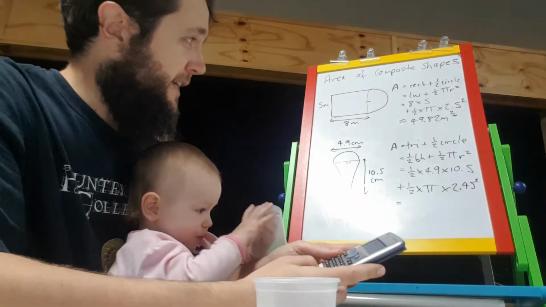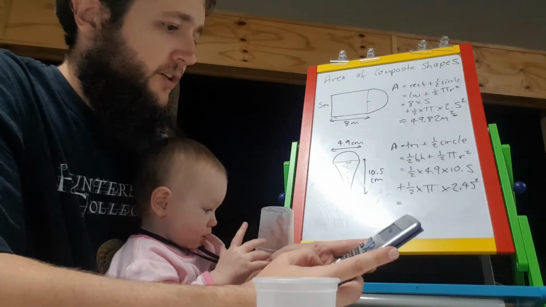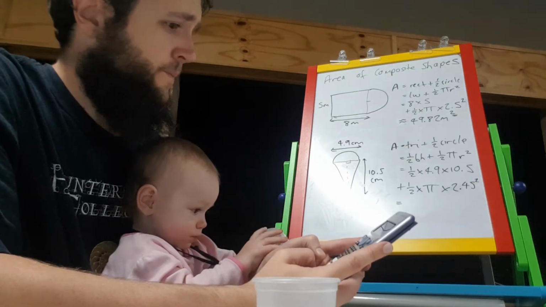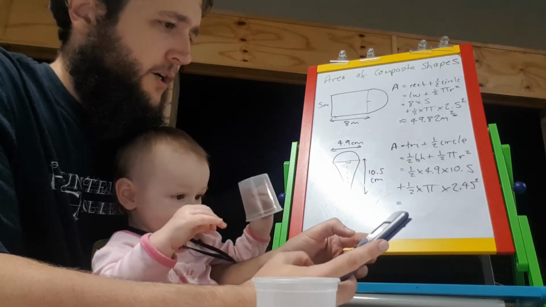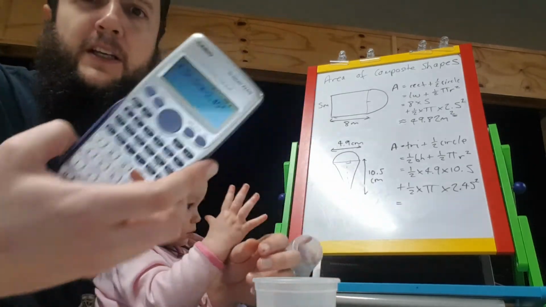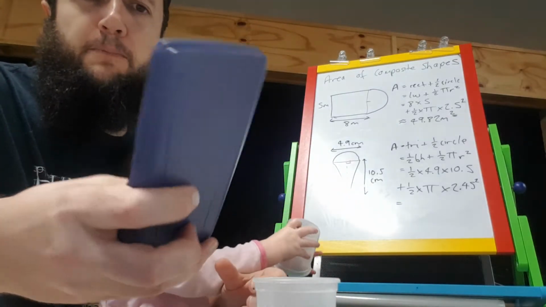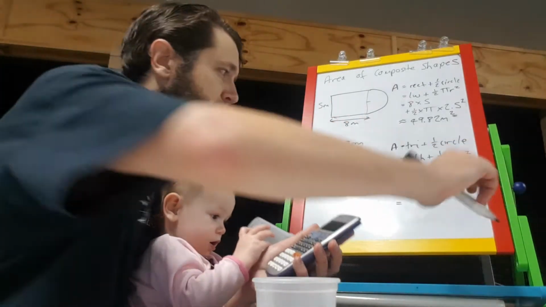We put that in our calculator: 0.5 times 4.9 times 10.5 plus 0.5 times pi times 2.45 squared. We press equals. Again, we're going to be rounding, so I'm going to use the approximately equal sign.